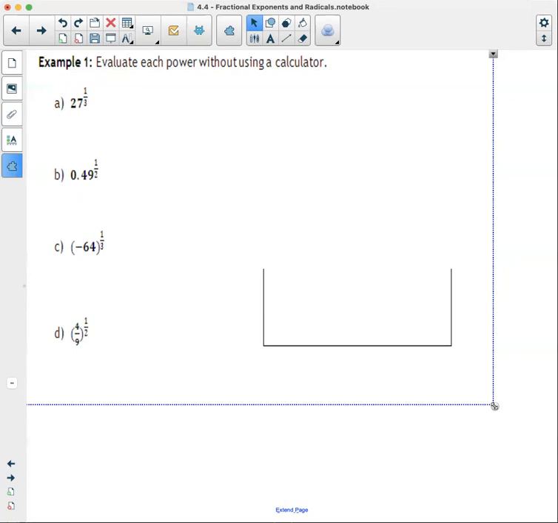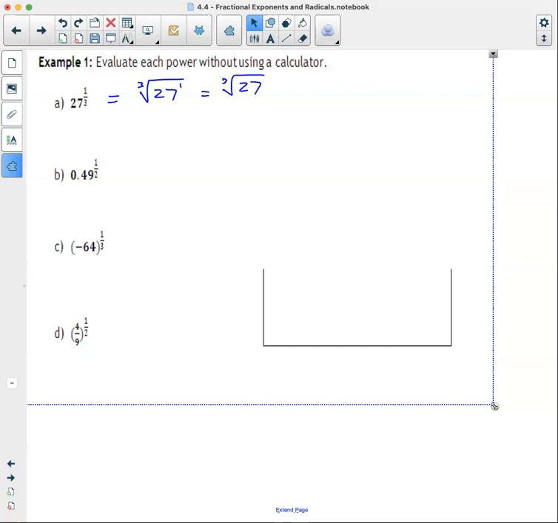So remember, the denominator of the fractional exponent is the index of the root that we're taking. So we're taking the cube root of 27 to the 1. Remember, the numerator of the fractional exponent is the exponent that belongs to our radicand. So we can rewrite just that as the cube root of 27.